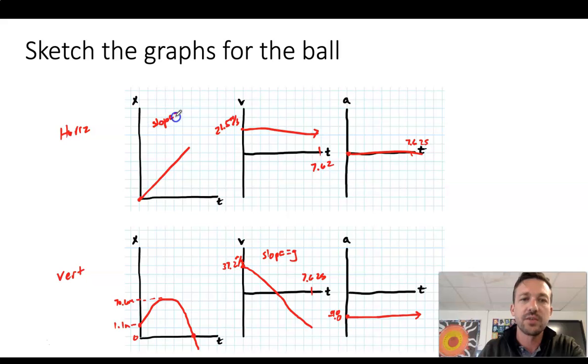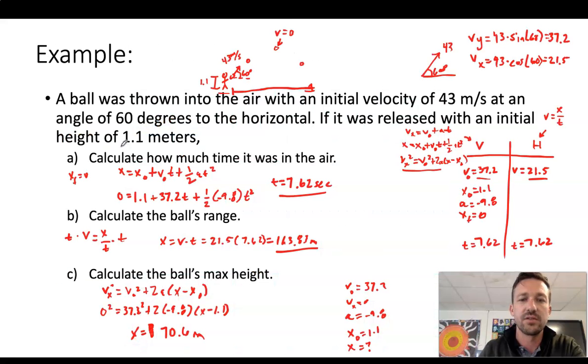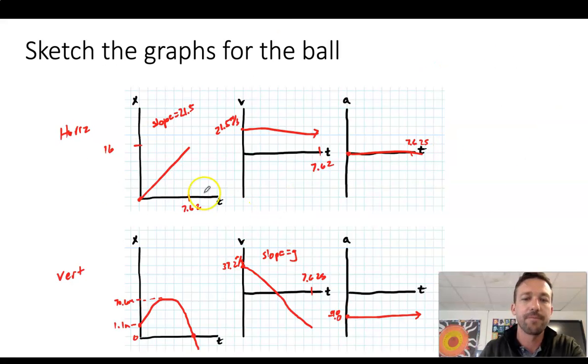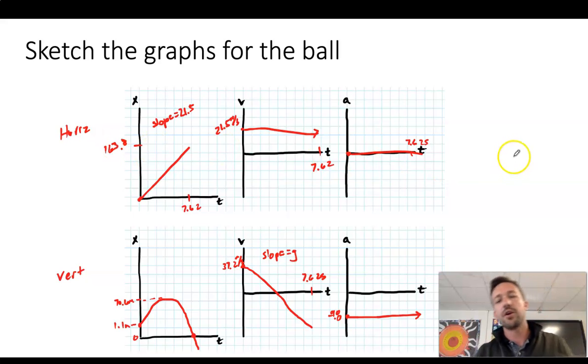The slope here is equal to 21.5 because that's what the velocity was. The slope should be equal to velocity, right? The derivative of position is velocity. And you can make a mark of how much time it took, 7.62. You can make a mark of how far it went because it's talking about the distance, so 163.83, yeah? 163.8. And there you go. There are your graphs. That's everything.